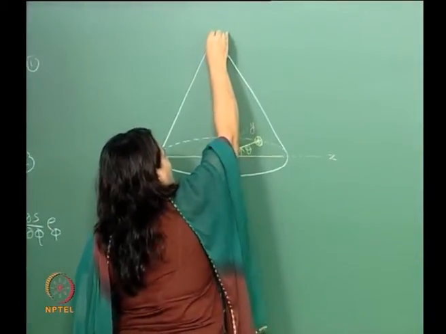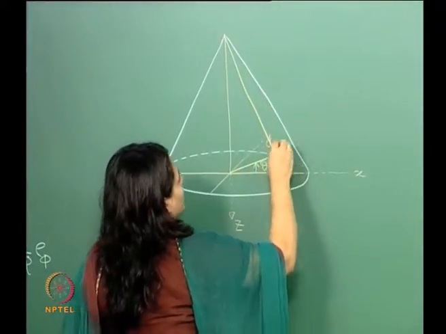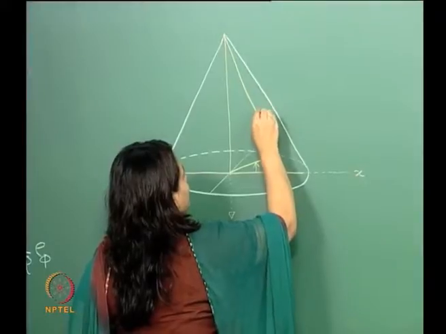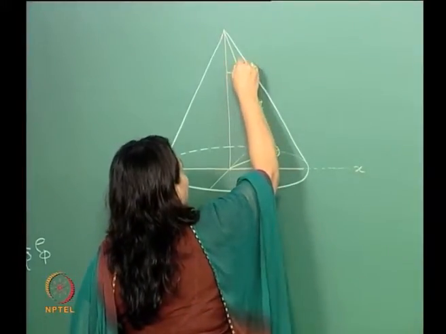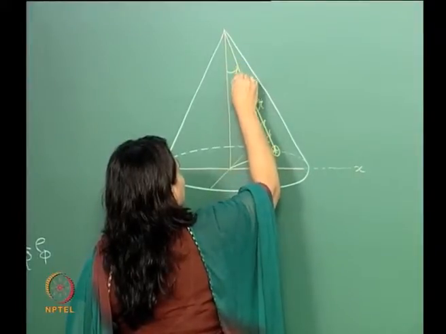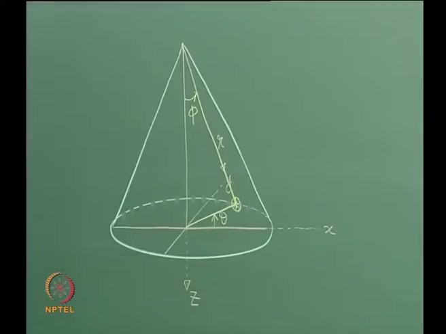This is r, and this angle is phi. This is something we know from before.